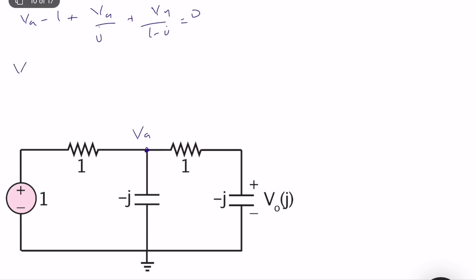The only problem is we have negative and even complex resistances. So VA times (1 plus 1 over j, and 1 over j is equal to minus j. We know that. Actually, it's minus j, so it will be plus j. That's great. Plus 1 over (1 minus j)) is equal to 1.